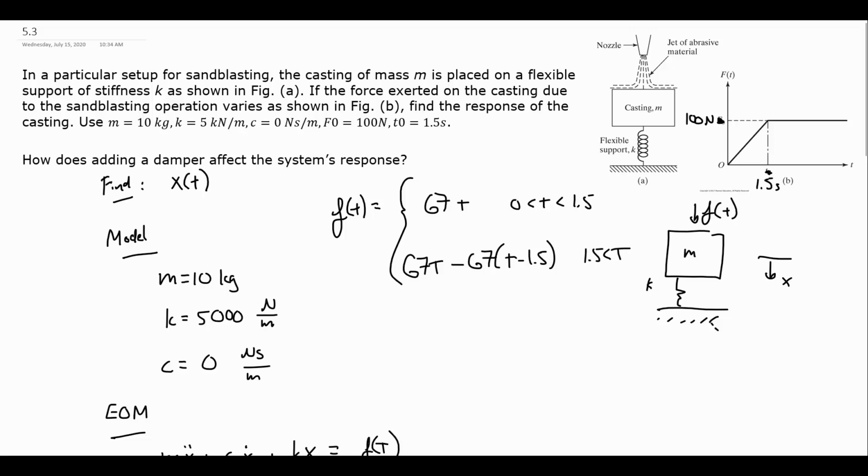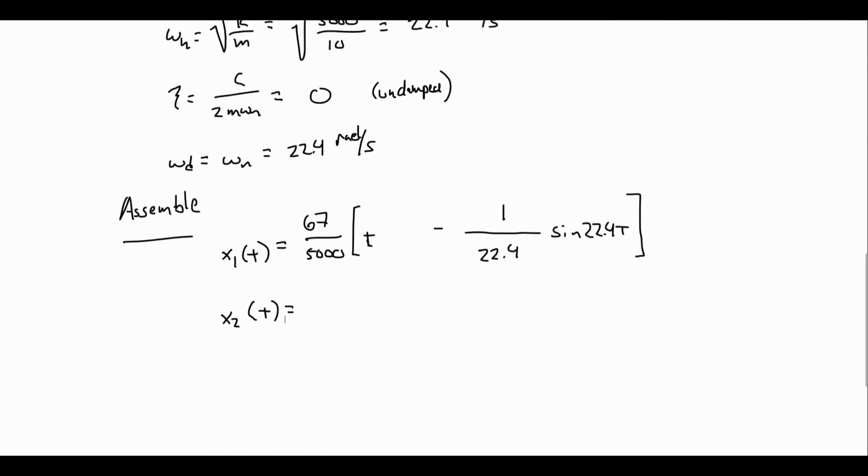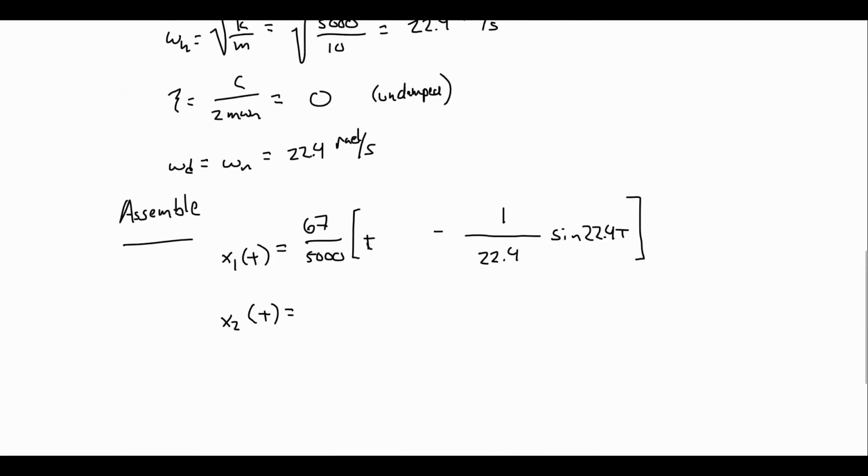This t minus 1.5, that's exactly what we want. This is completely in the right form for what we're looking for. So it's going to turn out that it has the negative amplitude that x1 did. This is just negative x1 of t, because everything else about this is the same, except the 67 is actually a negative 67. So I don't need to rewrite this whole thing.